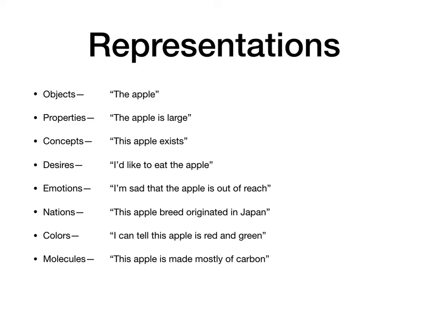So here's some representations. We might have representations of just singular objects. So the apple, right? We have properties of objects. Well, I can conceive that apples are large, knowing that is a different thing than a small apple, right? Concepts are more abstract. The idea that the apple exists.